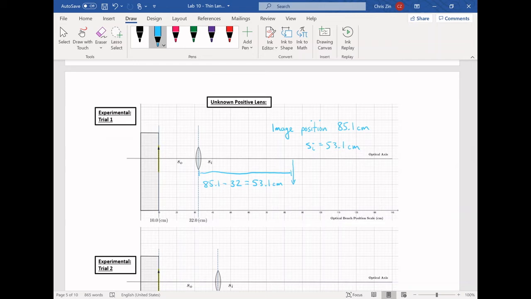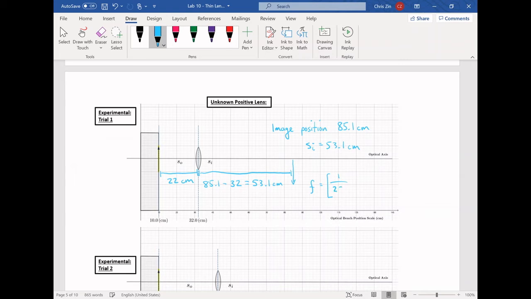Okay, now I want to calculate the focal length. So I do F is equal to 1 over the object distance here being 22 centimeters.